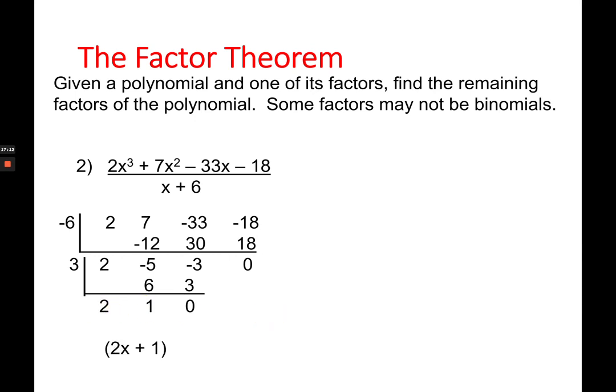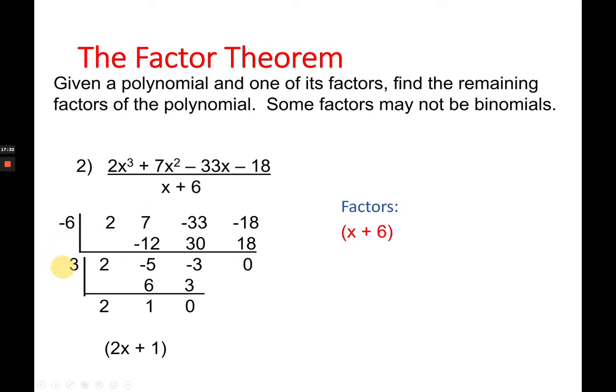First things first, your 2 and 1 here is your depressed polynomial, and it's already one of your factors. Your first factor is x plus 6, and your second factor is x minus 3. So to write down your factors of 2x cubed plus 7x squared minus 33x minus 18, we have x plus 6. And watch out, see how it is negative 6 here, but that's actually plus 6.